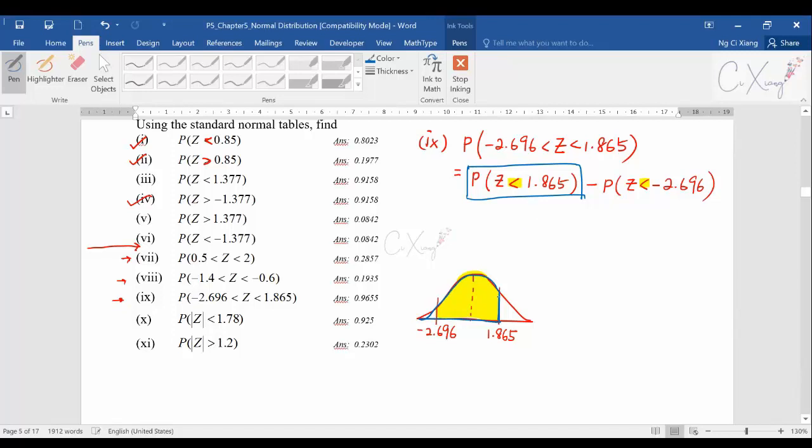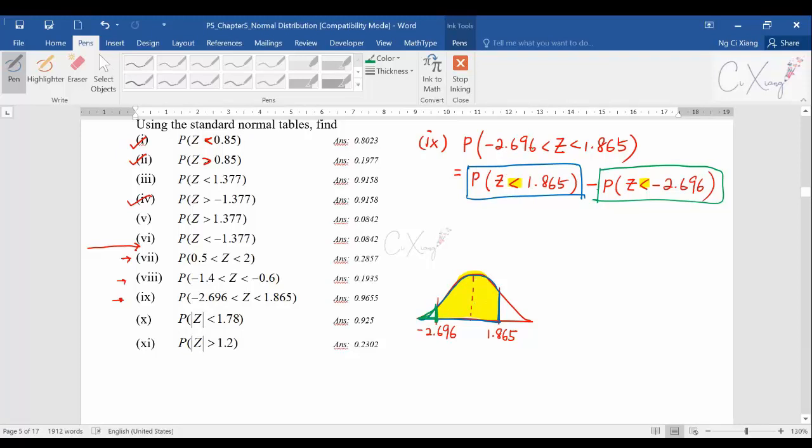Alright, minus Z smaller than negative 2.696. So maybe for this 2.696, I use the green color. Okay, so minus this one. Where is this area? This area is the area smaller than negative 2.696. So can you see or not? If you take the blue color area minus the green color one, you will get the highlighted area that we want, which is our question.